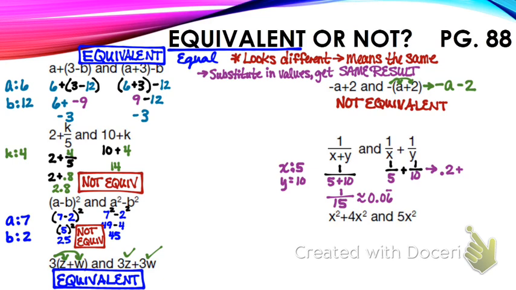What is 1 divided by 10? 0.1. So if I add 0.2 and 0.1, I get what? I get 0.3. Same input, same output? No, not equivalent.